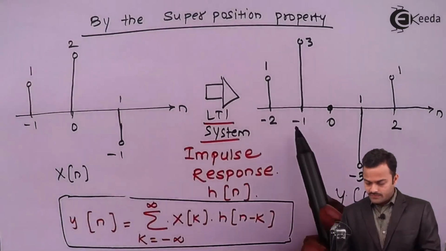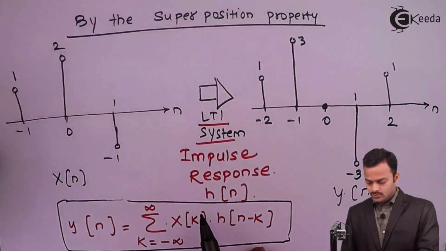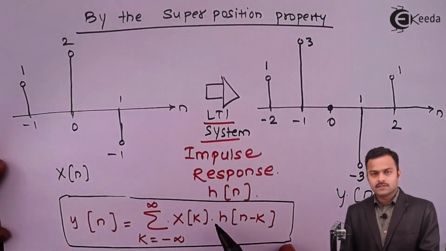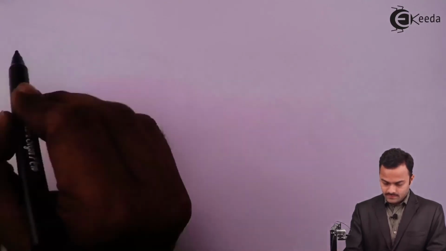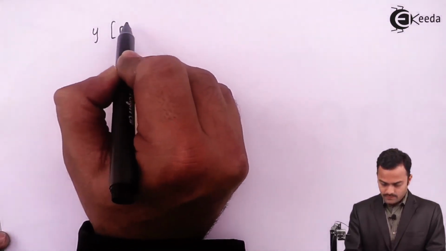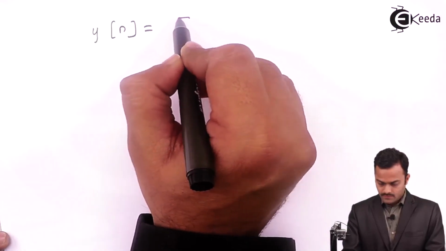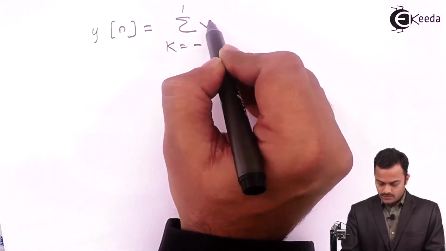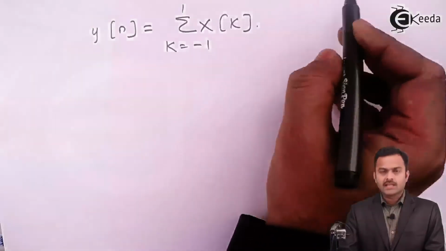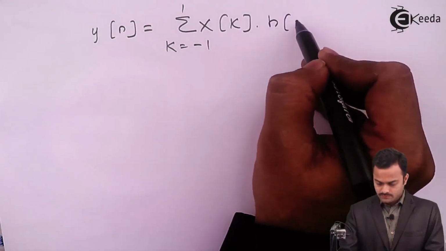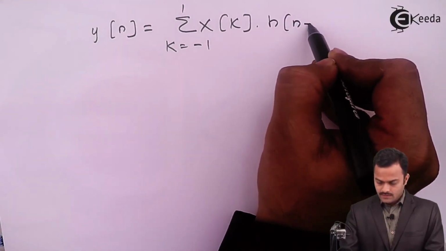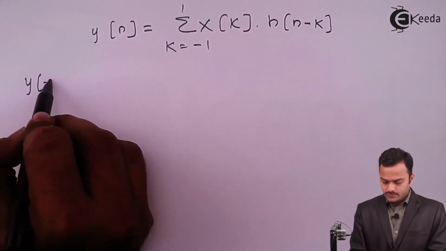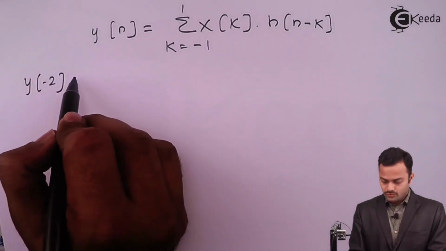Since I'm getting y of n span from minus 2 to 2, and k will have the sequence from minus 1 to 1, I can say y of n equals summation k ranging from minus 1 to 1 x of k multiplied by h of n minus k. Suppose I want y of minus 2. That means I put n equal to minus 2.